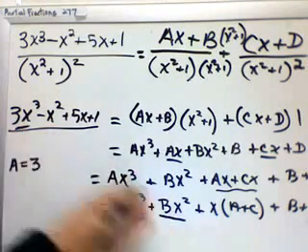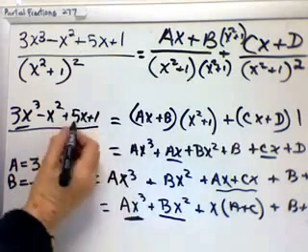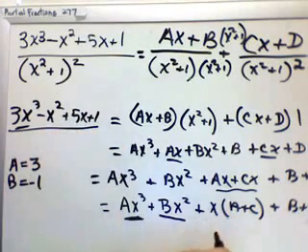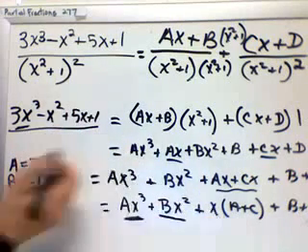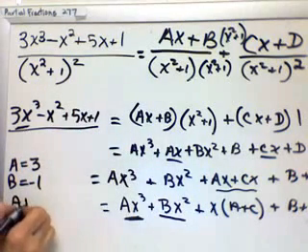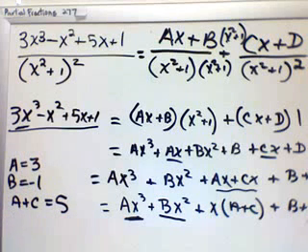So b has to equal -1. The x coefficients have to be equal. The coefficient of this x is 5. What's the coefficient of this one? a plus c. So a plus c has to equal 5. Oh, that's easy. If a is 3, subtract 3, c equals 2.